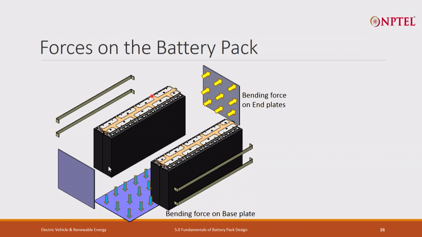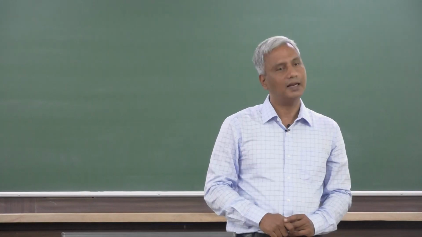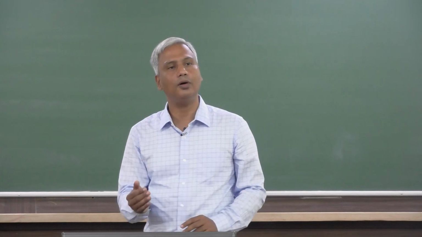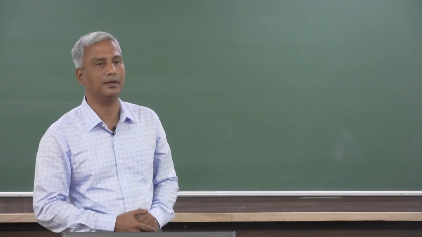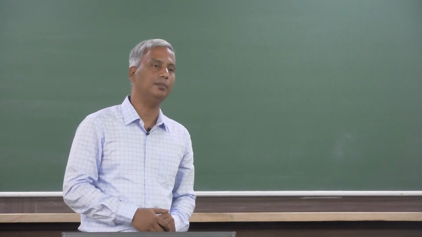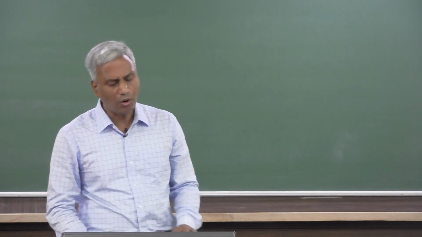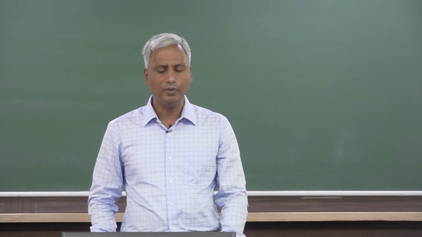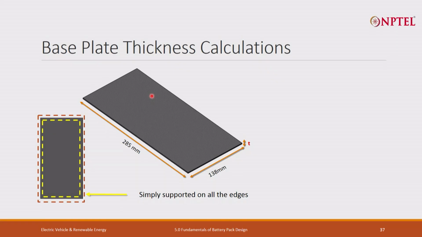So all types of forces act on the battery pack, and then we need to find what would be the force, what would be its effect, stress, strain, deflection, and then we have to select some material and connect it together so that everything is within the limit of that material or within the limit of my design. How to do that? So we'll start with the base plate.